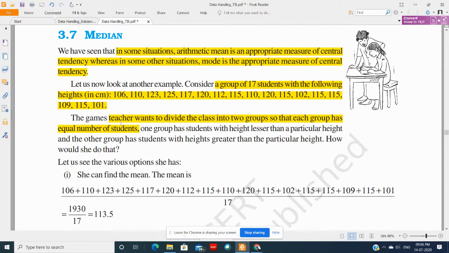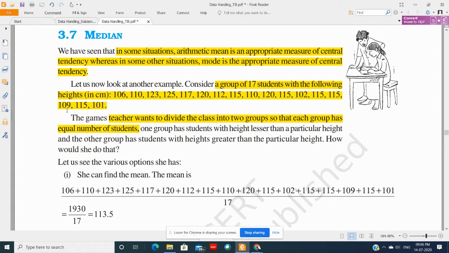Now the games teacher wants to divide this class into two groups so that each group has an equal number of students.